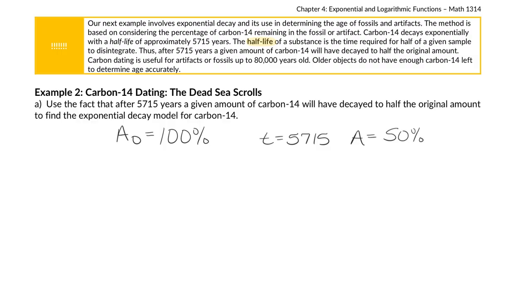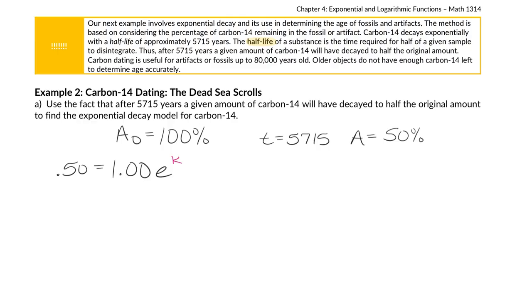So even though we don't have an actual measured amount for this example, we know the original amount, 100% carbon-14, and the half-life, 50% carbon-14, and we can use those as the inputs and outputs. So for the formula A equals a sub 0 e to the kt, we would put 0.5, as a decimal for 50%, equal to 1, for 100%, times e to the kt power.